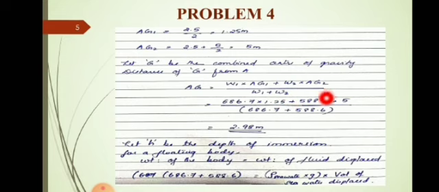I hope you have already learned this equation. When you have the combined centers of gravity, this is how you find the common center of gravity. AG is the distance of the common center of gravity from the base, that is A to G. So AG is equal to W1 into AG1 plus W2 into AG2 by W1 plus W2.